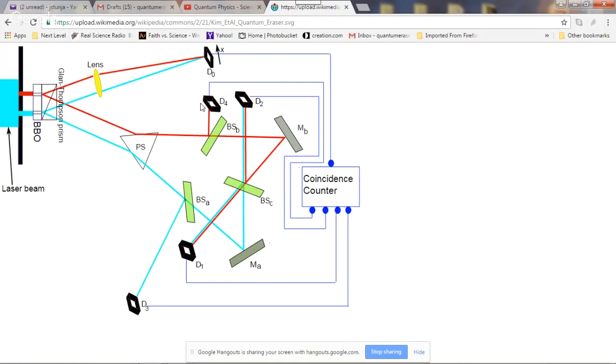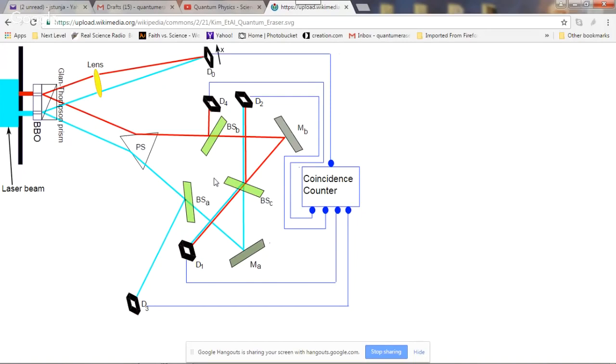There's never any interference patterns with D4 and D3, or vice versa. There's never any no interference patterns with D1 and D2. That means this is space. You can see the space here between these detectors, and time independent. Space and time are totally irrelevant in quantum mechanics.